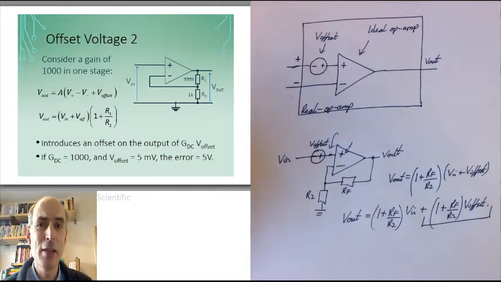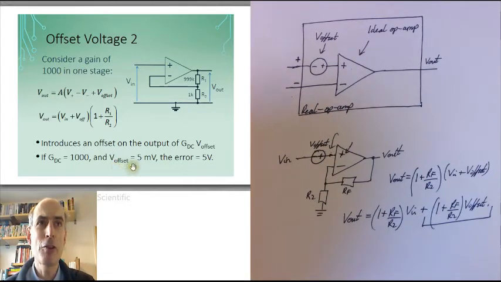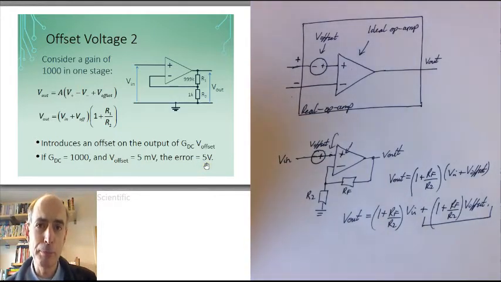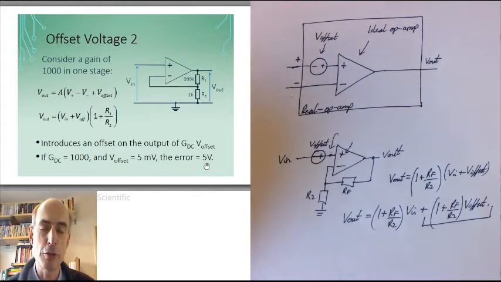And in that case, if we have an op-amp with a gain of 1,000 and an offset of 5 millivolts, that would predict an error in the output could be up to 5 volts. And if we've got an op-amp which is only powered from a 0 to 5 volt power supply, that could easily send the op-amp into saturation, just due to its offset voltage.